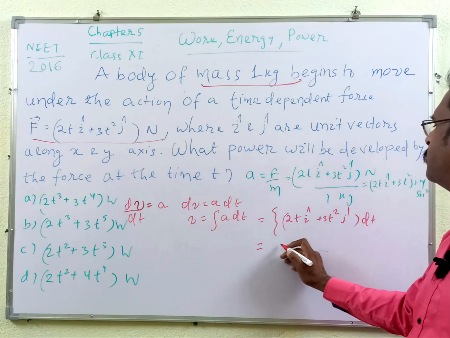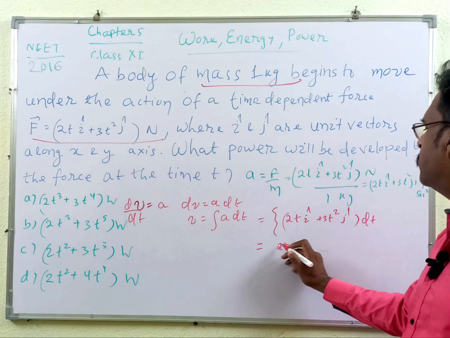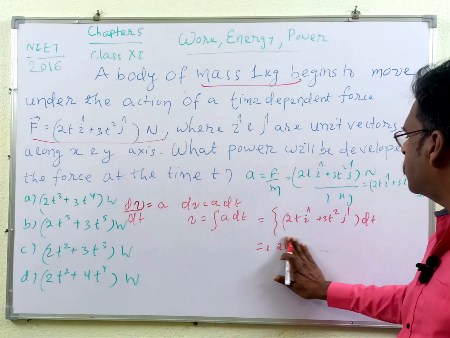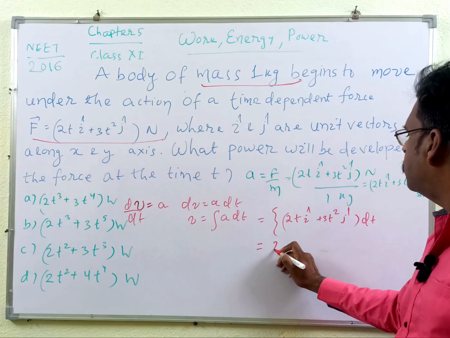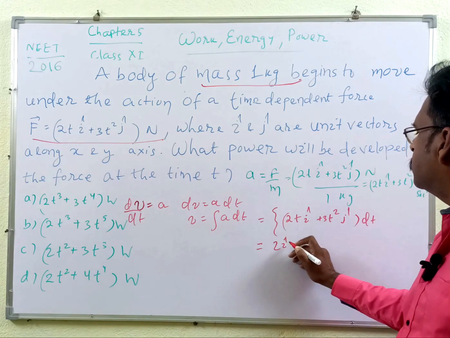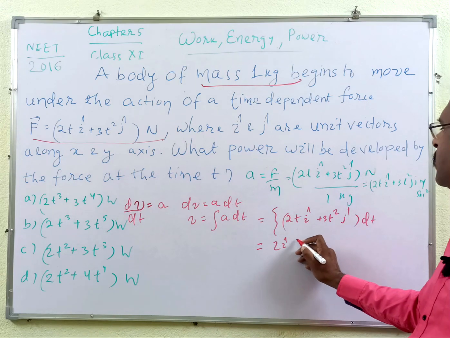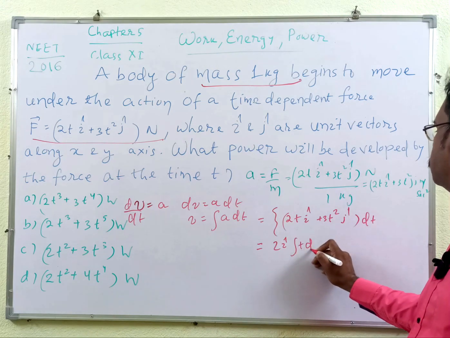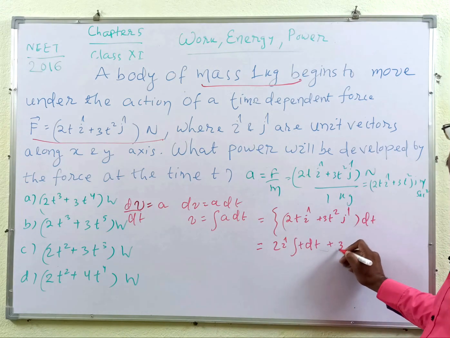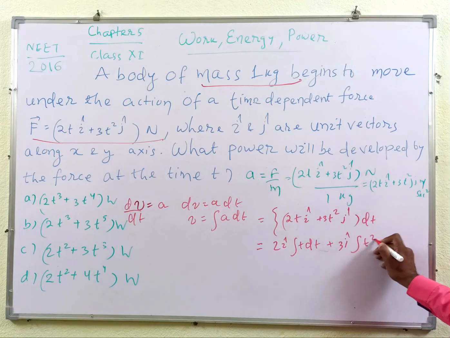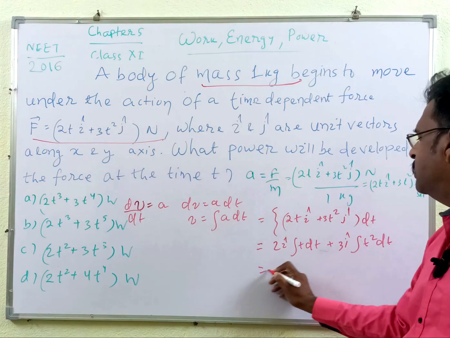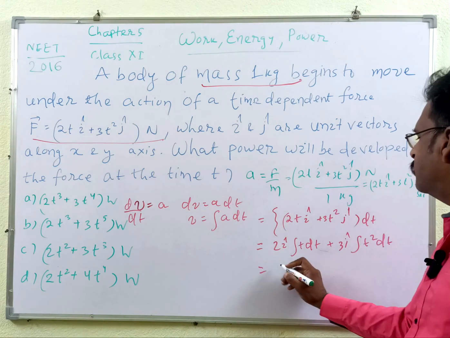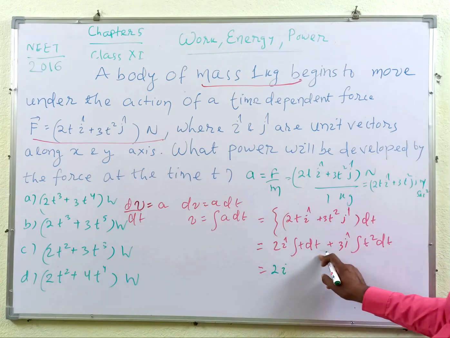This will be equal to, let us take 2i cap outside, and this will be integration t dt, plus 3j we will take outside, the integration t² dt. This will be equal to 2i, and what is the integration t dt?